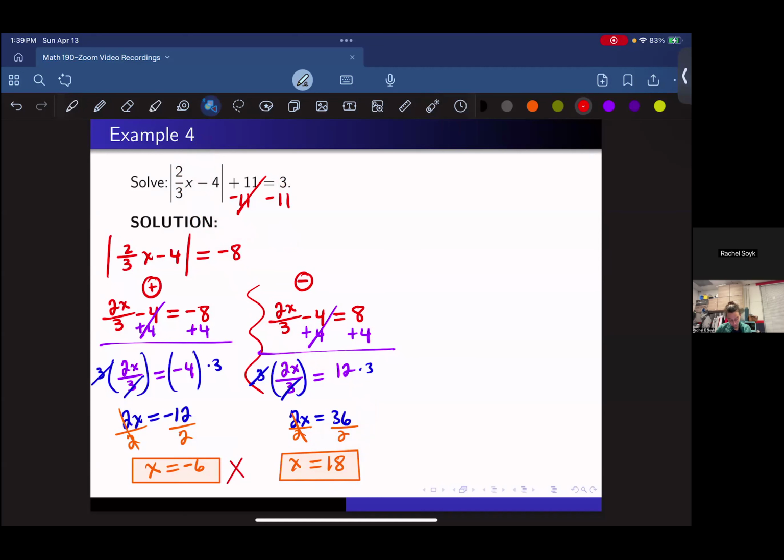How did I know that that wasn't going to work? Well, we should have realized this at that very first step of the problem. When we subtracted 11 from both sides, that right-hand side became negative. What do we know about absolute value being equal to negative? It's impossible.